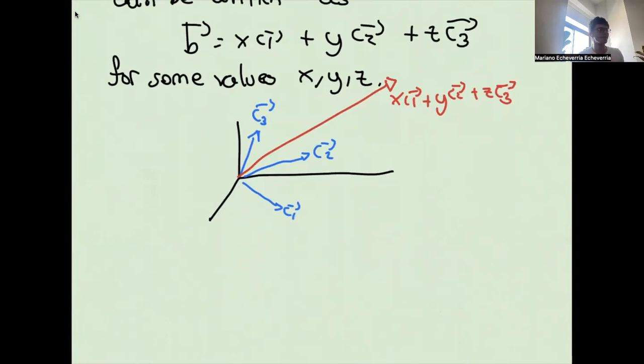As you can imagine, if you have more vectors, it is the same idea.